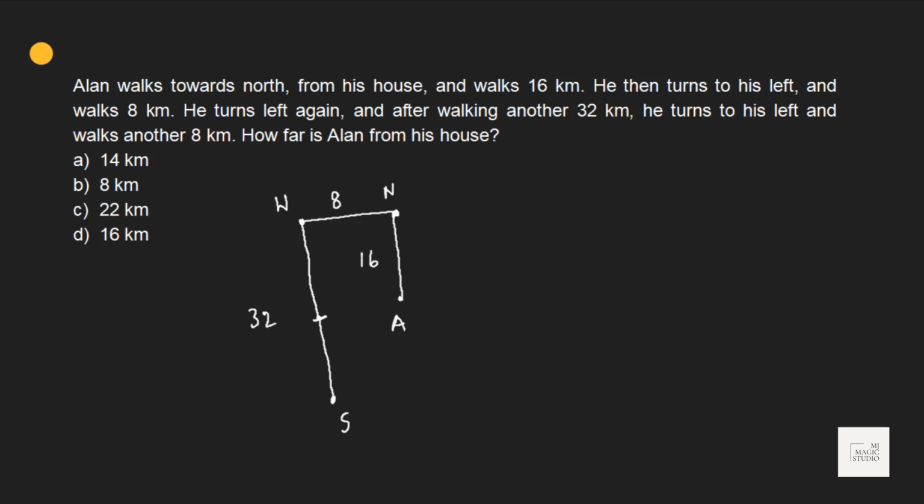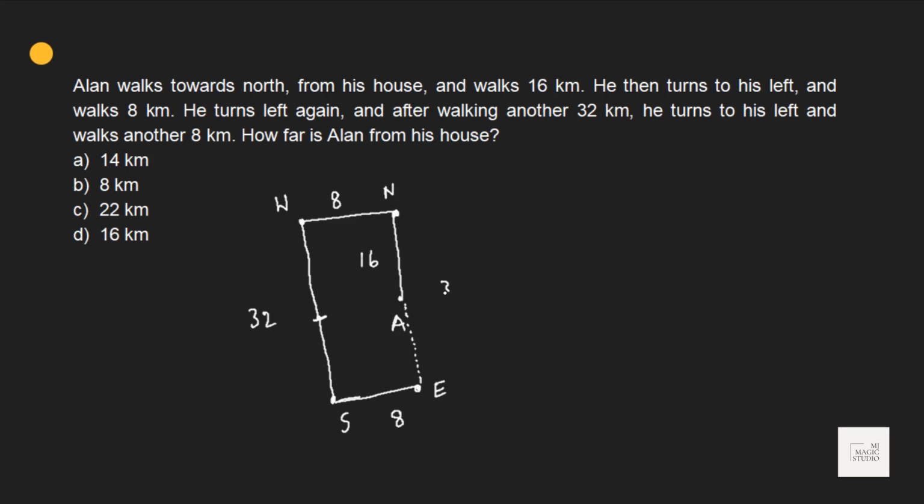He turns to his left and walks another 8 kilometers. Now he's heading towards south, and he has taken left. That means now it's moving towards east. Left means my right when I'm solving this, and that is 8 kilometers east. So this 8 matches with this 8. If I complete it, it becomes a rectangle, isn't it?